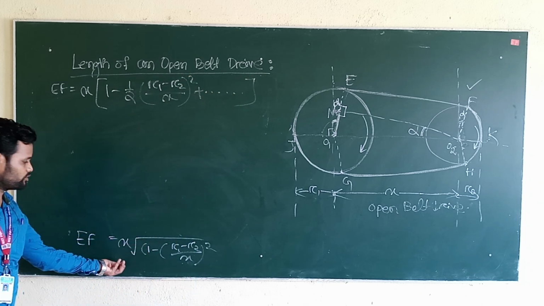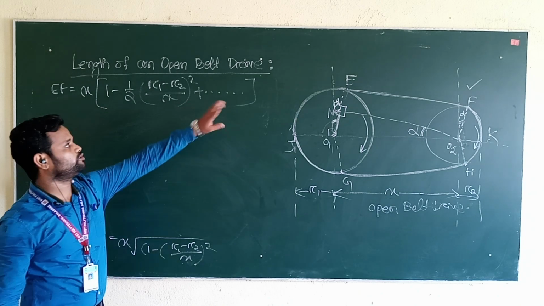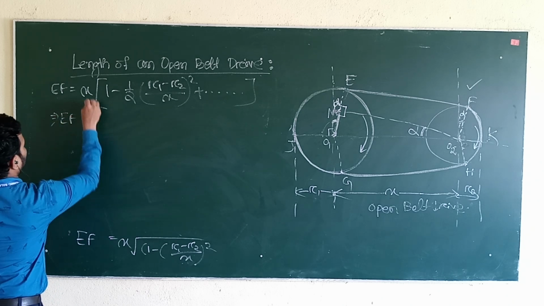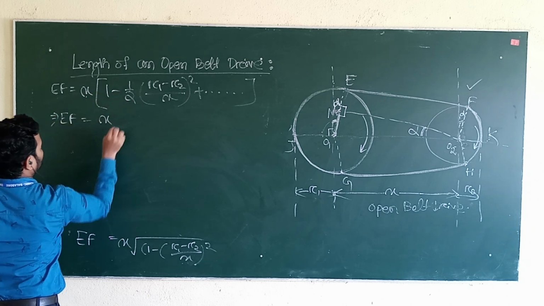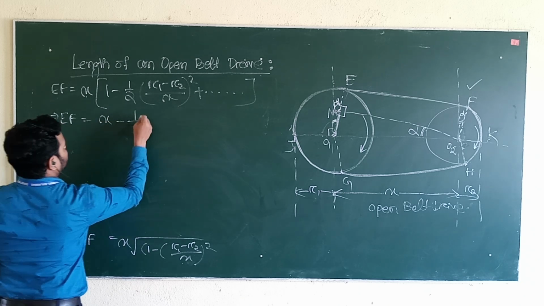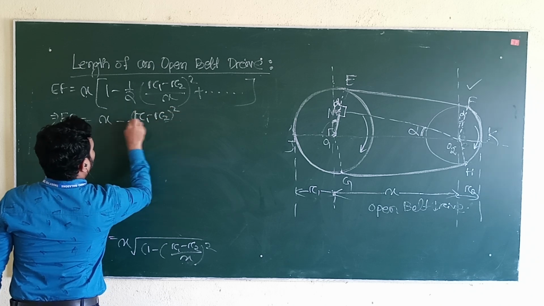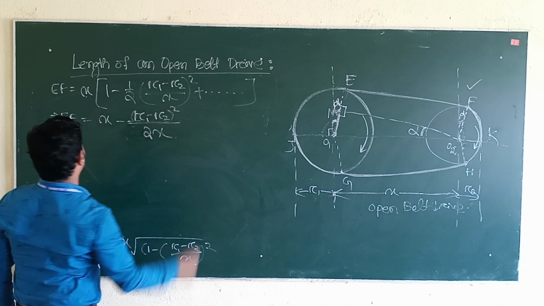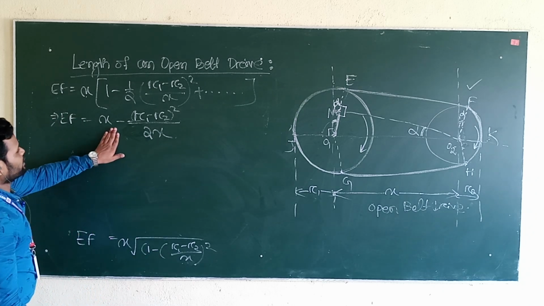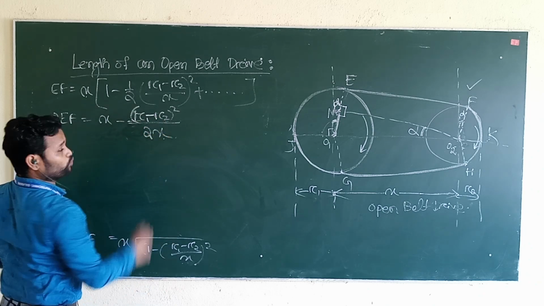After that, if X is multiplied there, EF equal to X minus R1 minus R2 square divided by 2X.